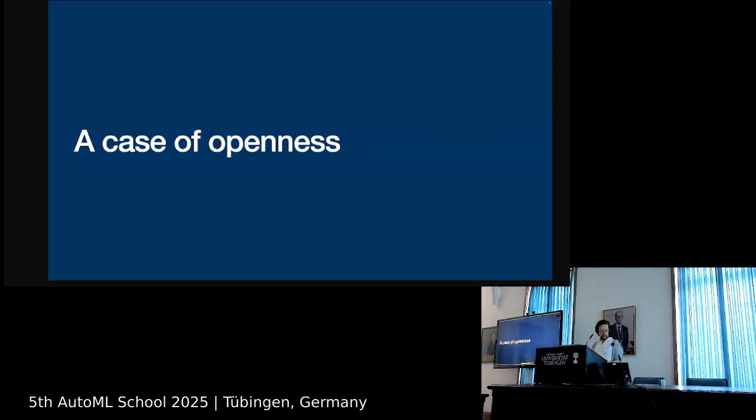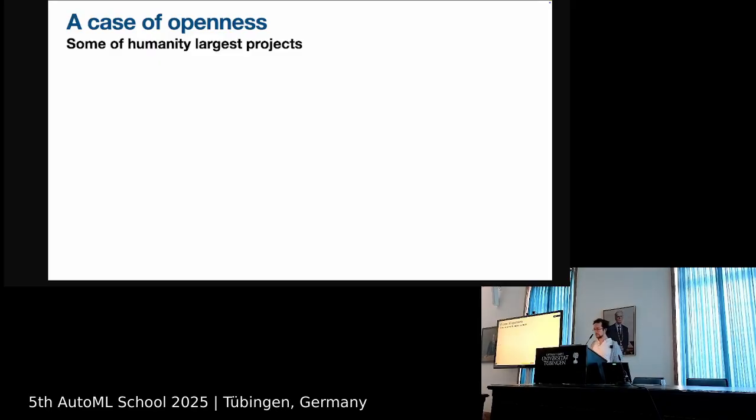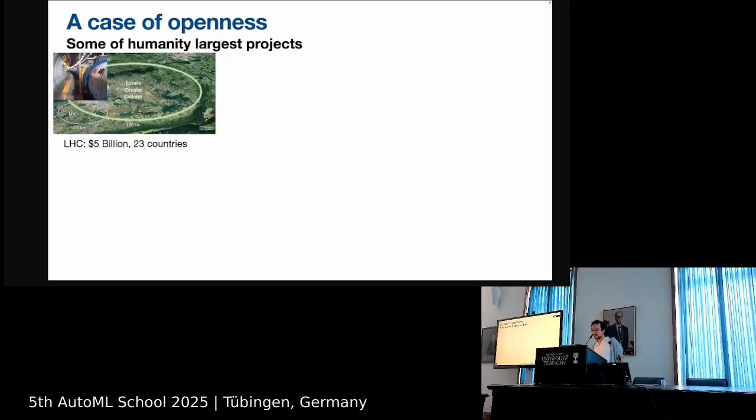Now the last part of my talk, which is not completely related to LLM evaluation, but related to LLMs. It's a discussion about openness. I was looking for the most expensive projects built by humanity, and I found the LHC, which cost 5 billion and involved 23 countries.